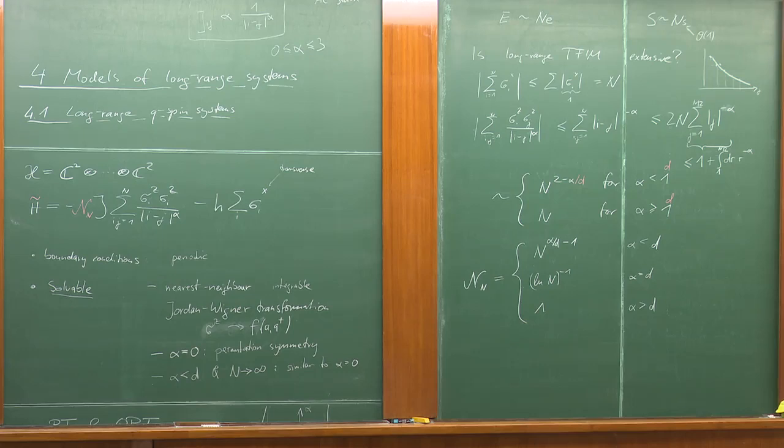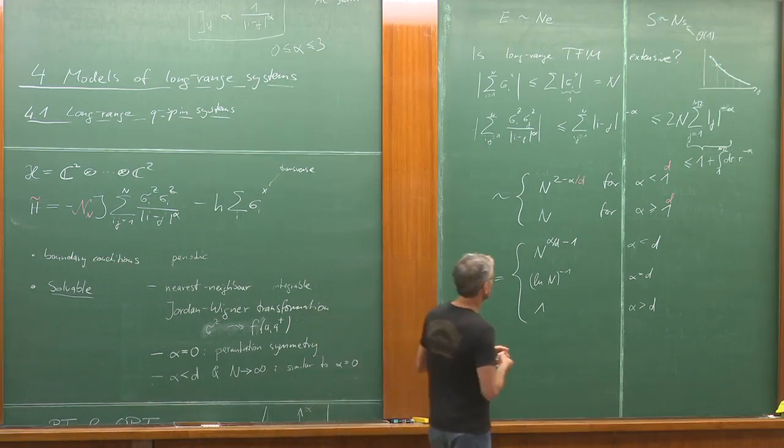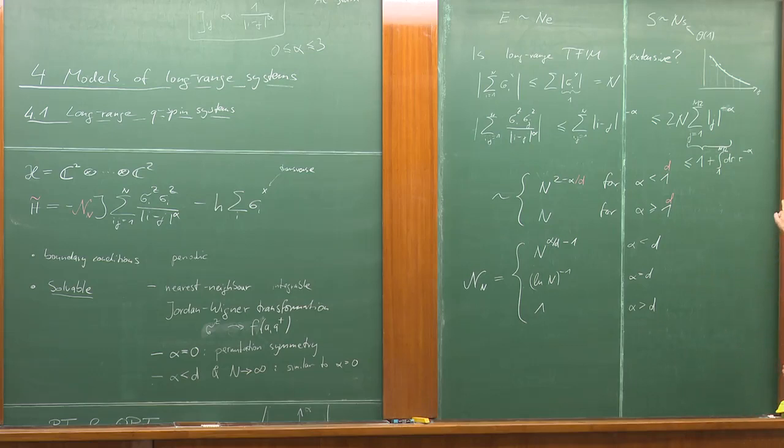Okay. Why is there an ln n for alpha equals d? Well, if alpha equals d and I integrate over 1 over r in one dimension, there is an n outside, then that will be the bigger term than ln n.